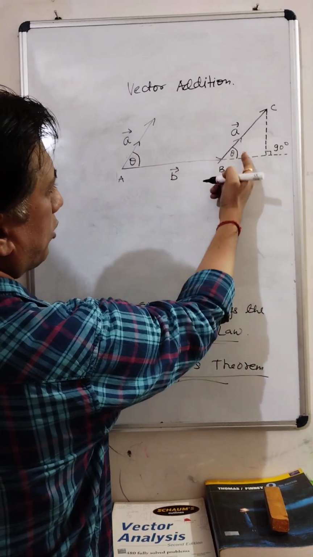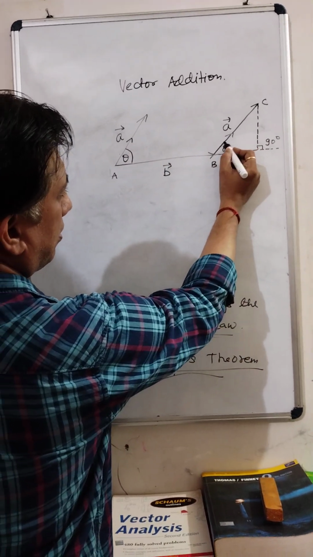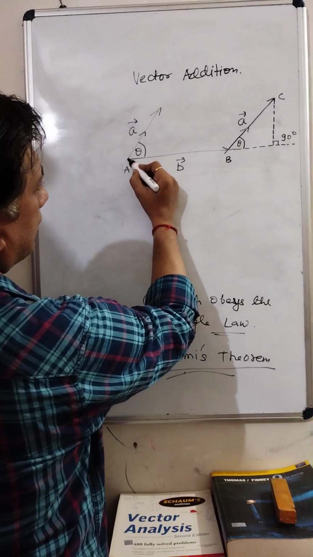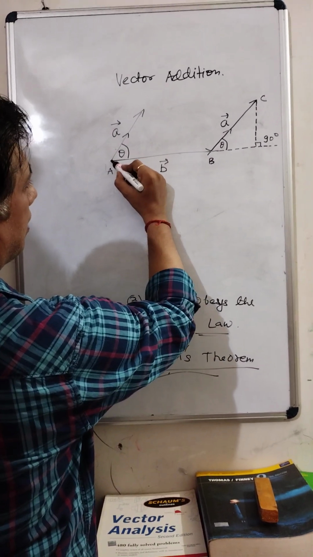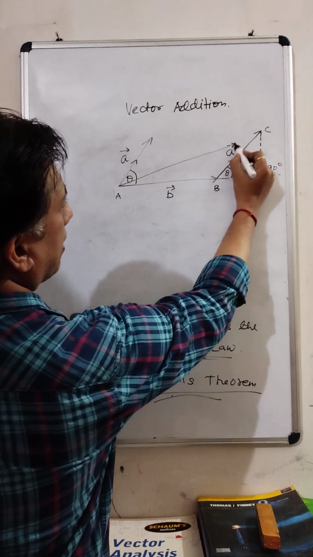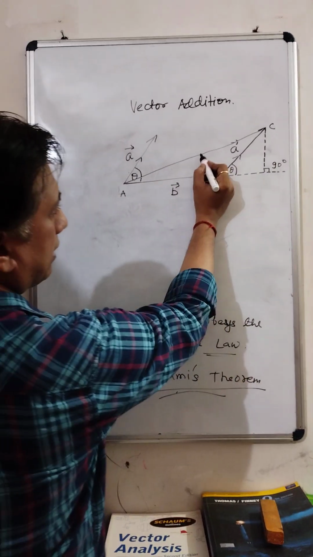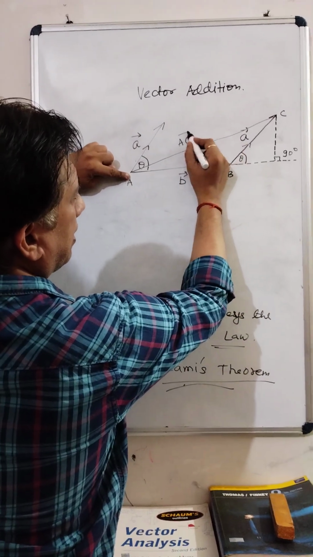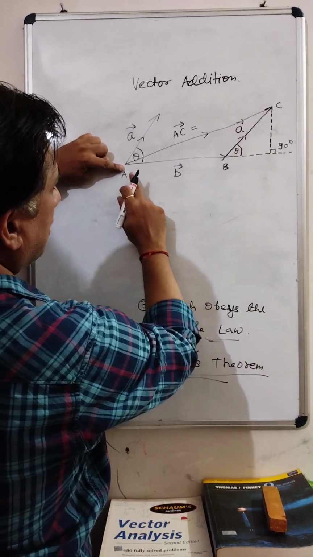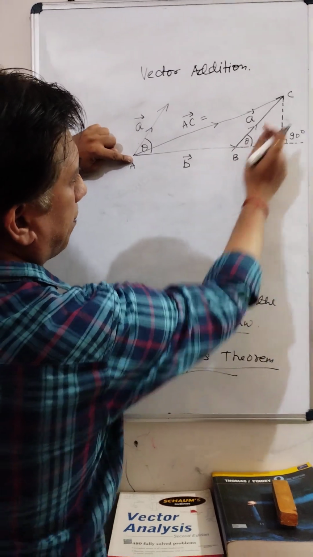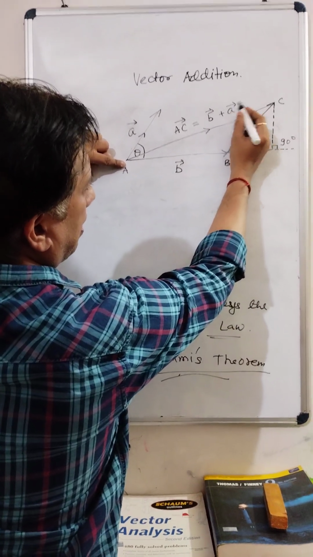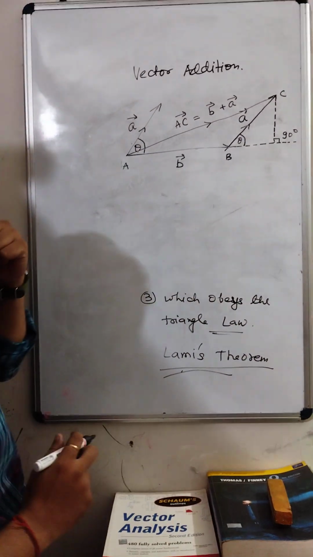So this angle is equal to this angle. Now we join this point like this. This is the AC vector, which is equal to B vector plus A vector. That is the triangle law of addition.